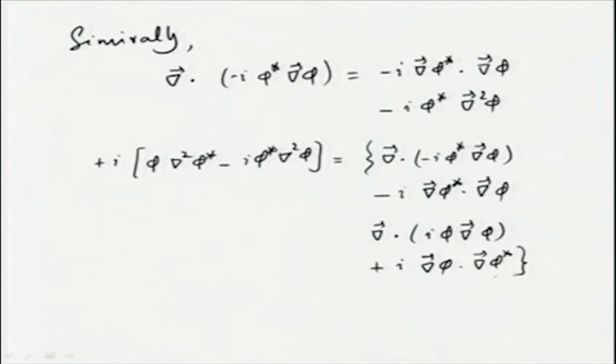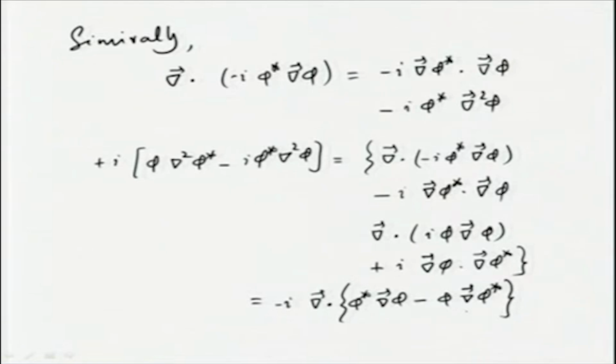Again the second and the fourth terms cancel, and then this is essentially equal to minus i del dot phi star del phi minus phi del phi star.